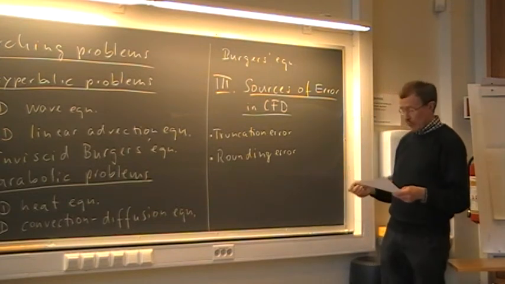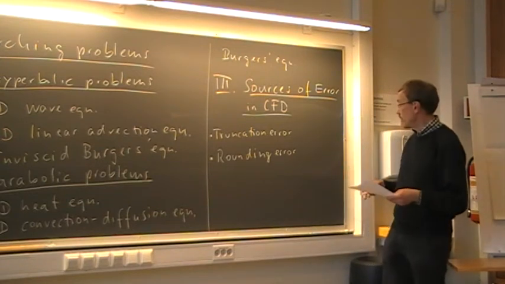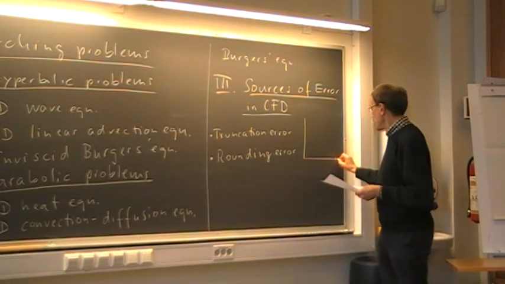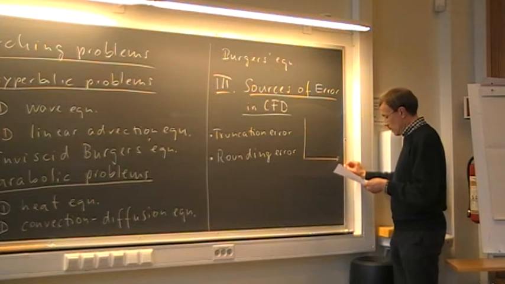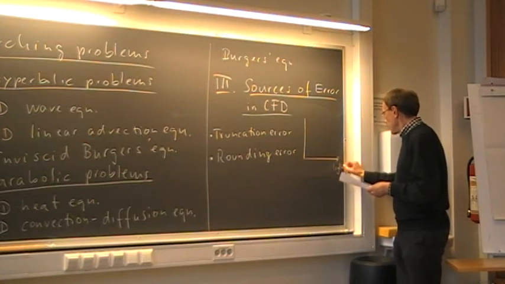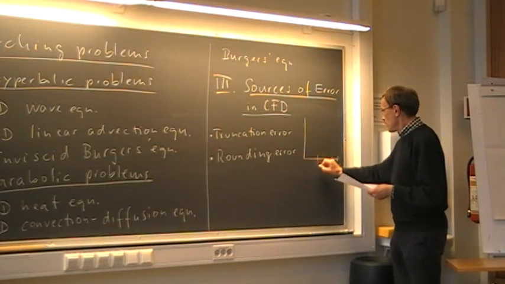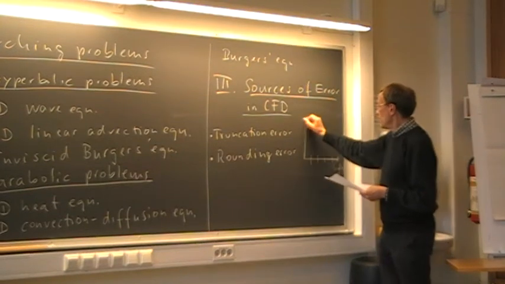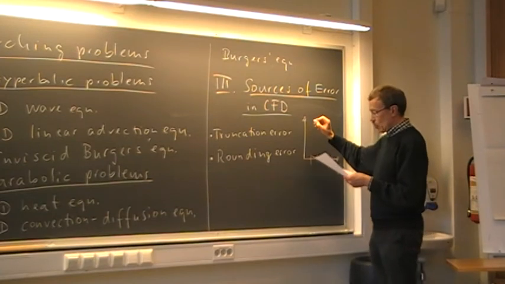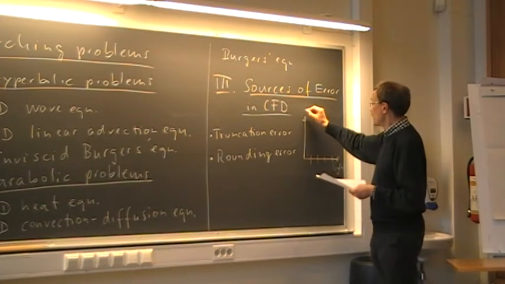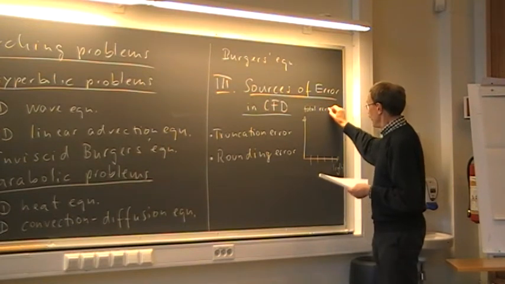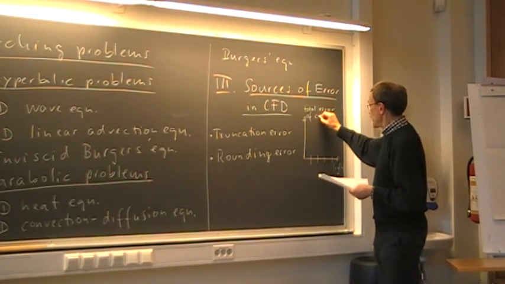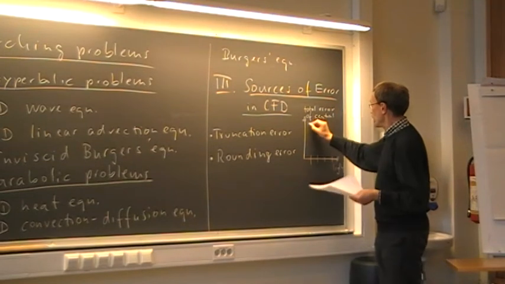So that leads to rounding errors, and you might remember the problem from exercise 1, where we had the grid spacing, let me write it as a logarithm here, logarithm of h. And here we had the total error of the central difference, for example, of the first derivative.